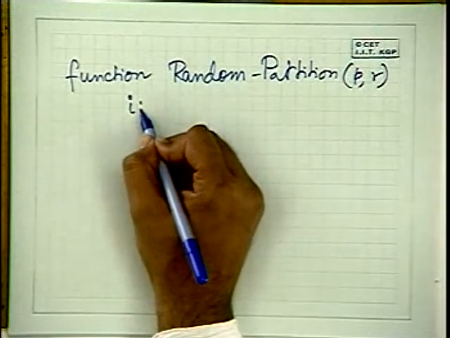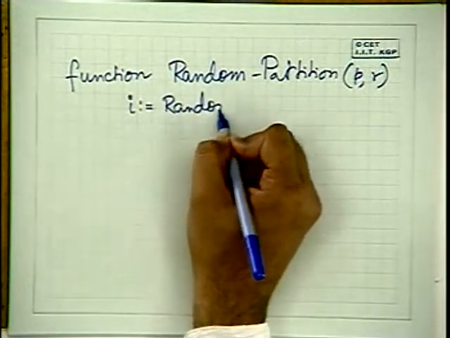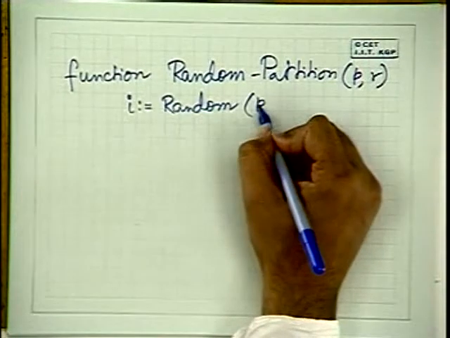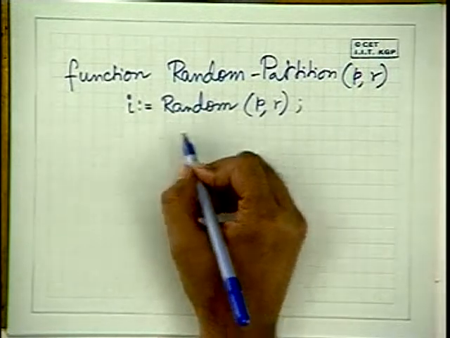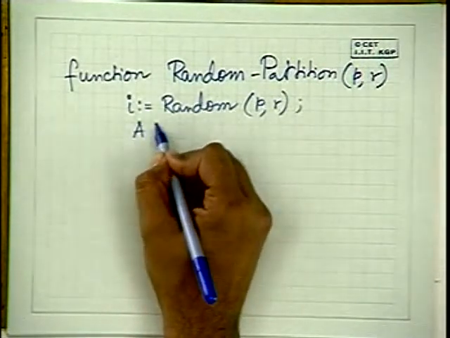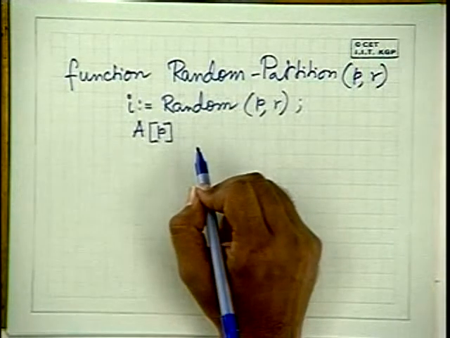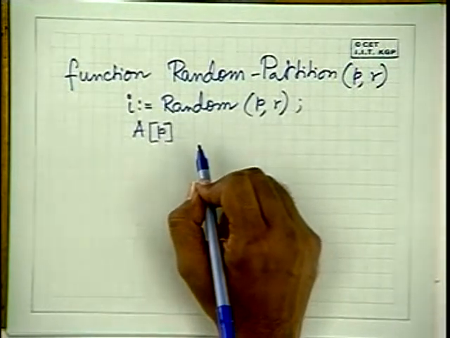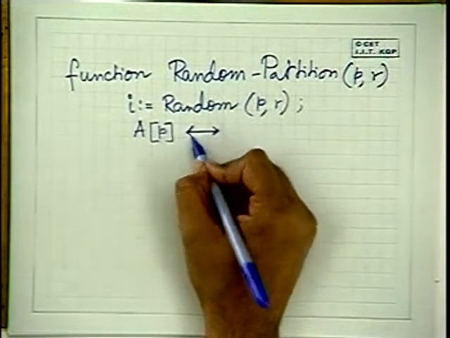First you choose an i, which is random(P, R). Then you exchange A[P]. You remember, A[P] was the element which we took as the pivot. So we exchange A[P] with A[i].